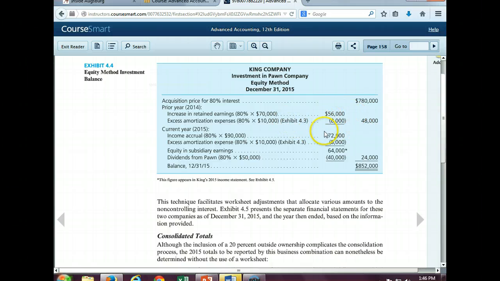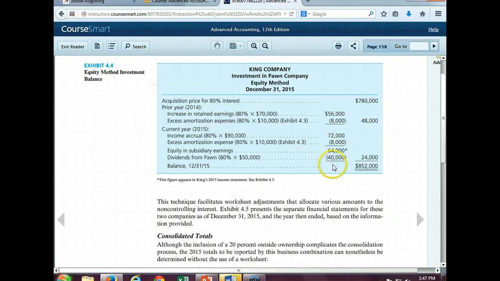We take into account the $8,000 of the $10,000 of amortization that gets applied to us. And then we look at the income for the year, which was $90,000 on the subsidiary's books. We take 80% of that. We take 80% of our amortization, because we always have to reduce our net income by that amortization. So the equity in the subsidiary for the controlling interest is going to be the $64,000 here.